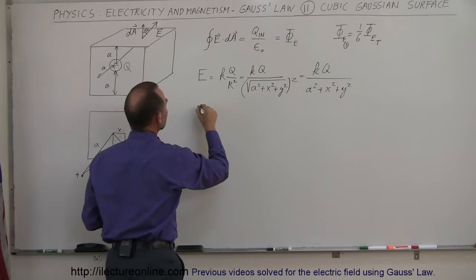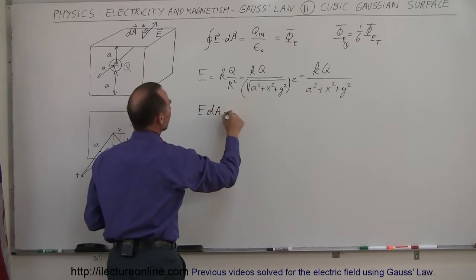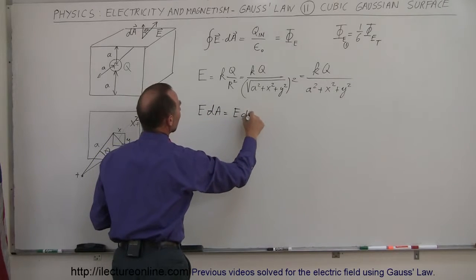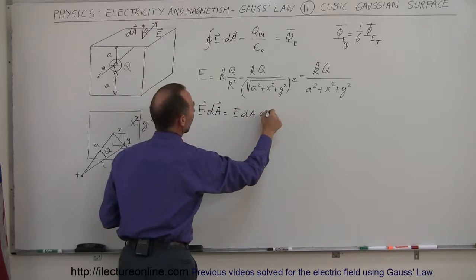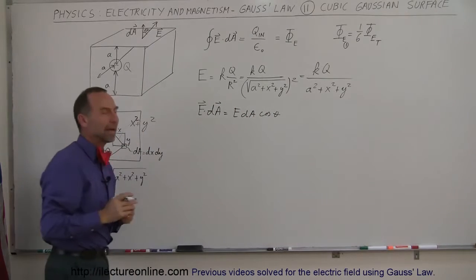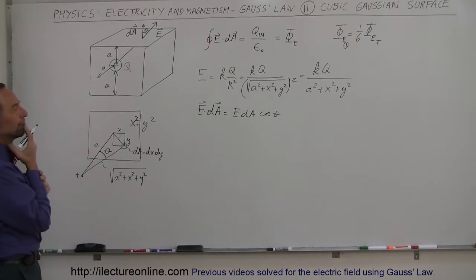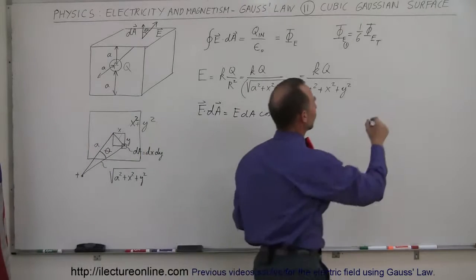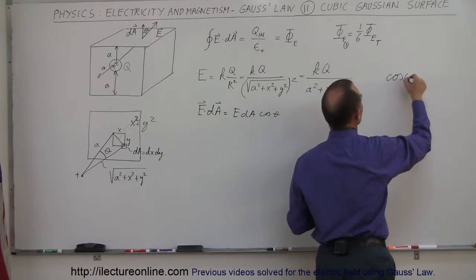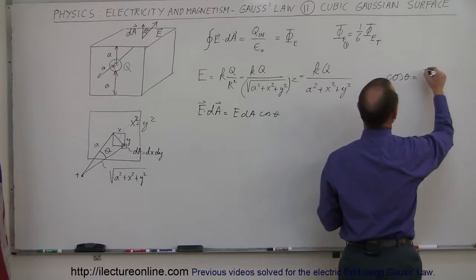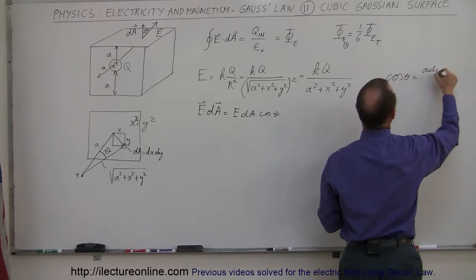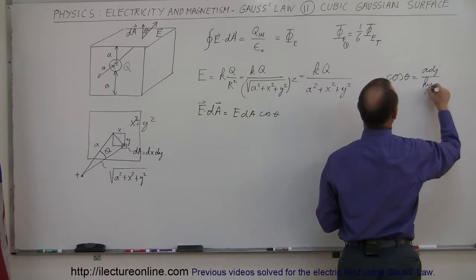Well, we know that E dot dA, or E times dA, is equal to E times dA times the cosine of the angle between them. Now how do we find the cosine of the angle between them? The definition of the cosine is the adjacent side divided by the hypotenuse.